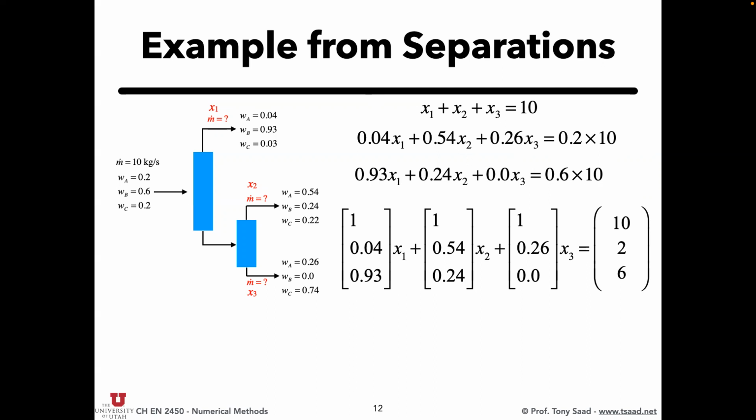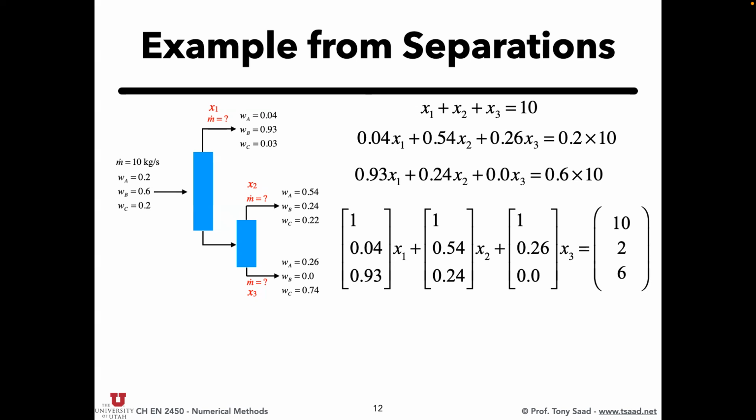And same thing for the third, and equal to 10, 2, and 6, right? So now, I hope that you can see that this is the same system of equations we had before. That's 1 times x1 plus 1 times x2 plus 1 times x3 equal 10. 0.04 times x1 plus 0.54 times x2 plus 0.26 times x3 equal 2, and so on.